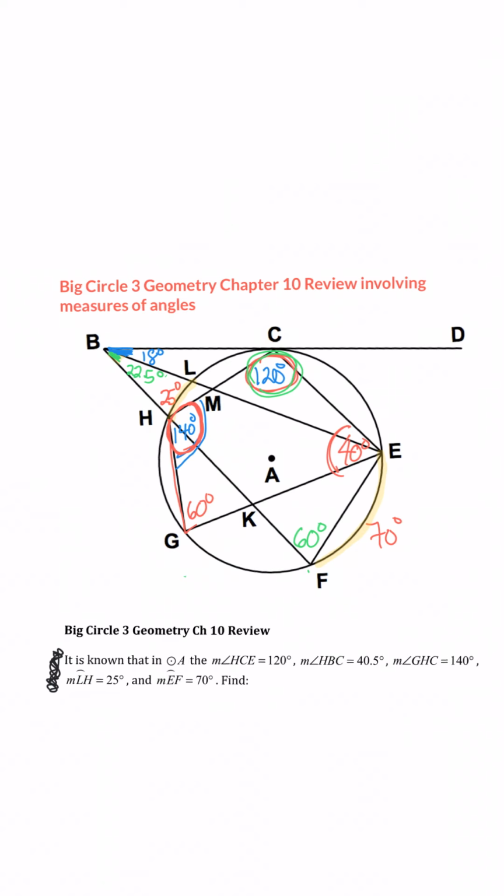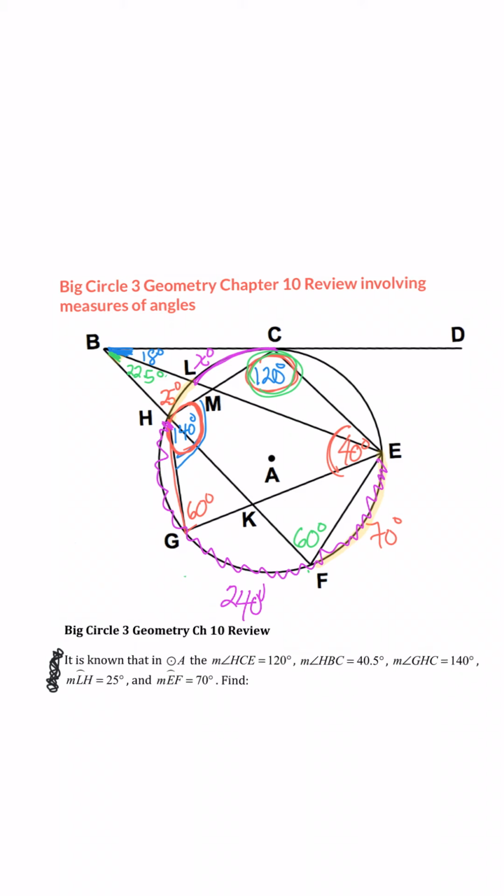Now let us introduce a variable to solve this problem. Let us assume that this particular arc LC is equal to x degrees. Next, this 120 degree angle intercepts this big arc here, and that big arc here will become 240 degrees, right? So let us write that to be 240 degrees.